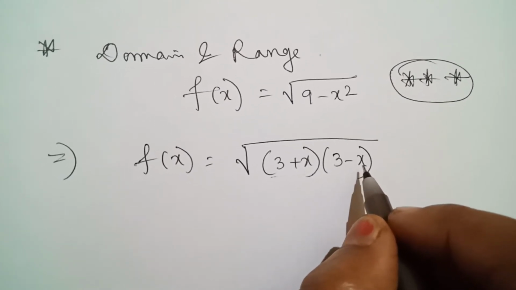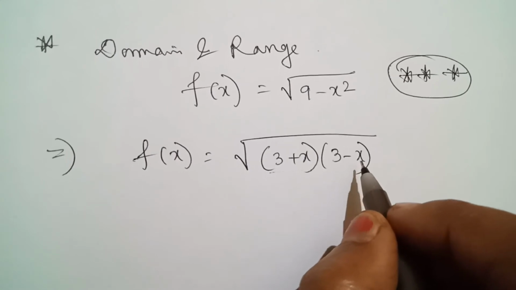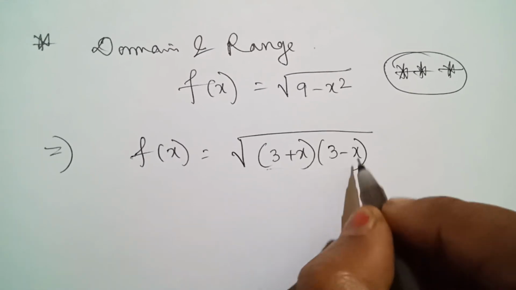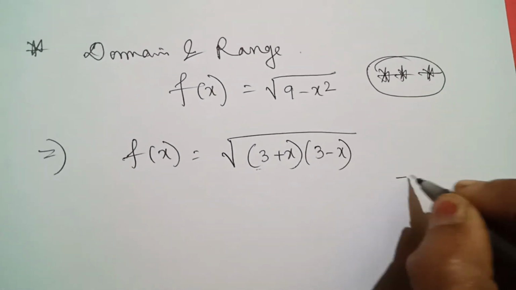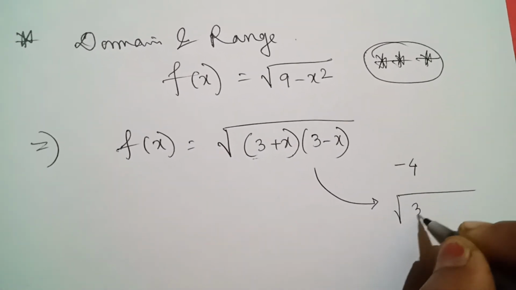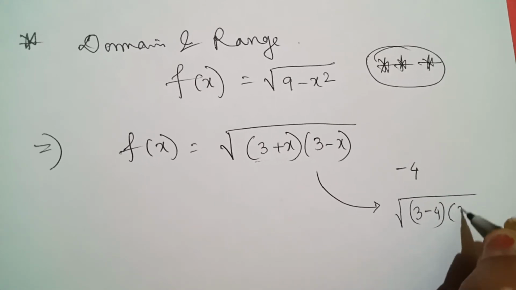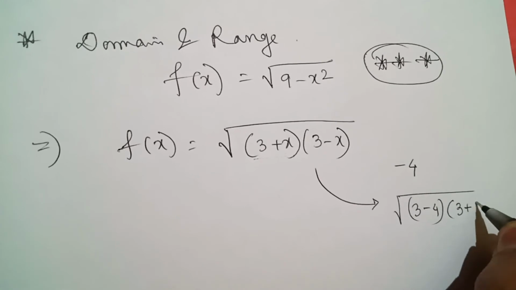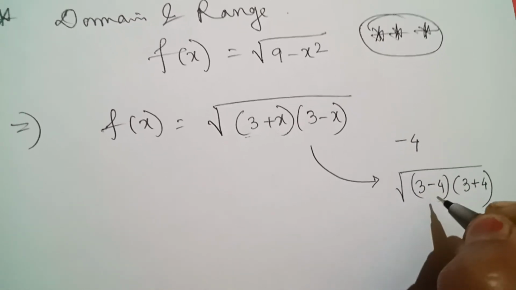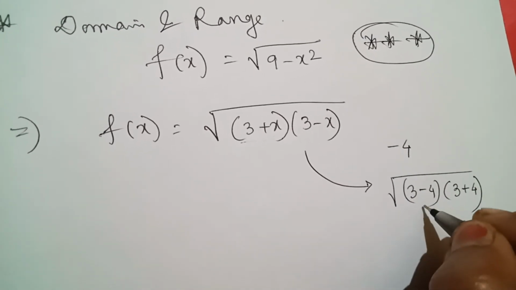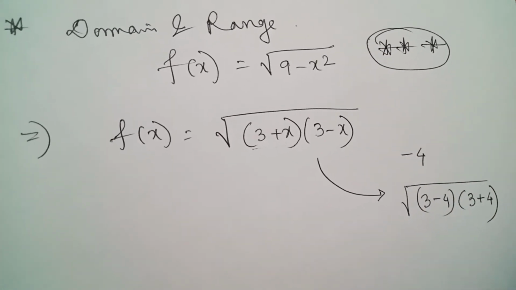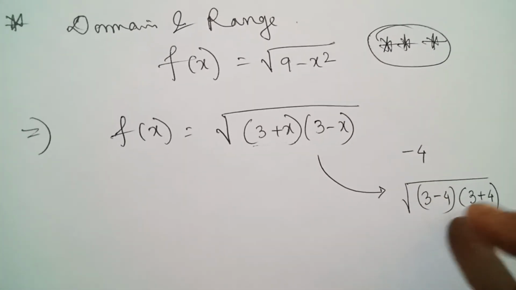Now if we take any value less than -3, suppose -4, I am doing it in rough, what will it be? 3 minus 4, and 3 plus 4, since minus of -4 means plus 4. So this portion becomes negative, and negative into positive is negative. So root over of a negative number is not a real number. That means it is not defined here.